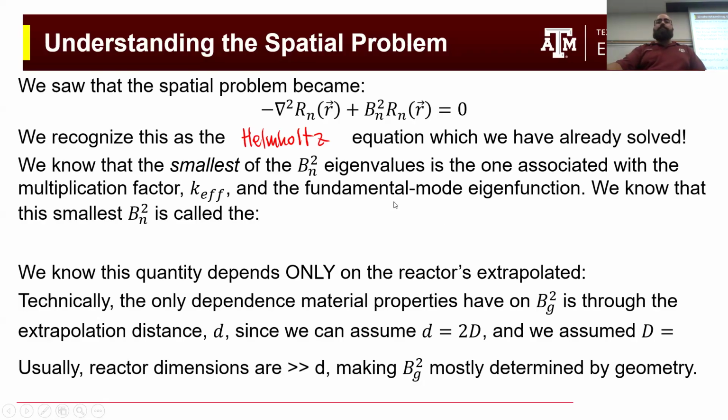And we know that that smallest Bn squared is called what? The fundamental mode eigenfunction, that would be like what the shape function looked like. And then the smallest of these Bn's was called, yeah, the geometric buckling. Perfect. So that's my Bg squared, which is my geometrical buckling.